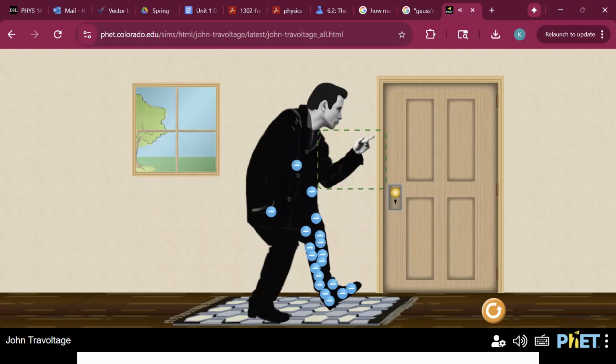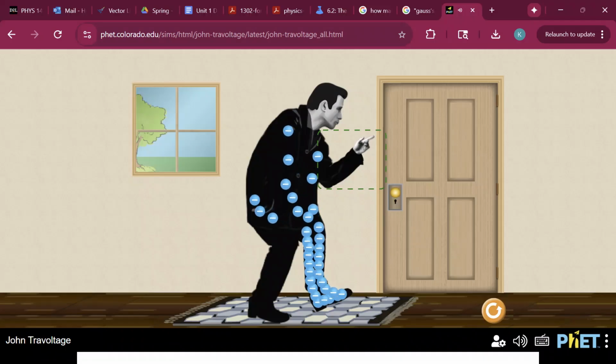Now those electrons are going to repel each other. They don't move very quickly because your clothing tends to be an insulator, but your body is an electrical conductor. Okay, that's actually how the nerves work, we conduct electricity. So I can see that as I build up more and more charge, those charges move and distribute.